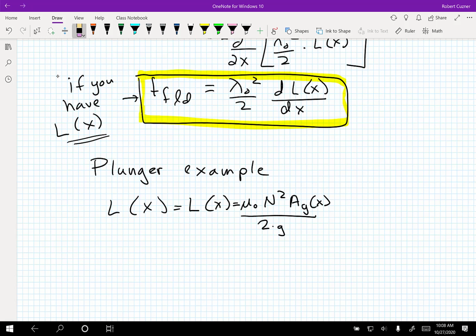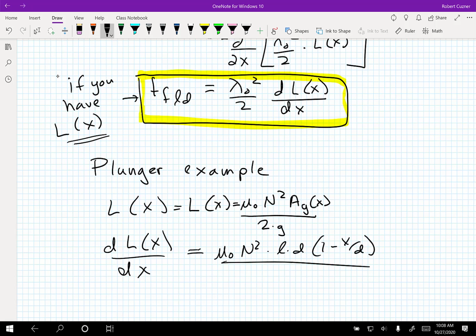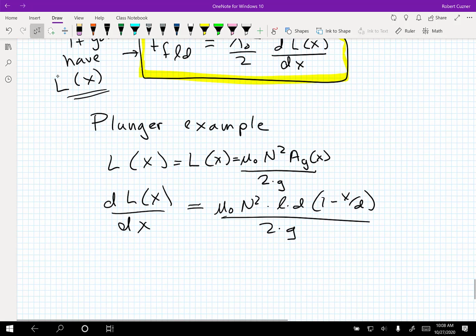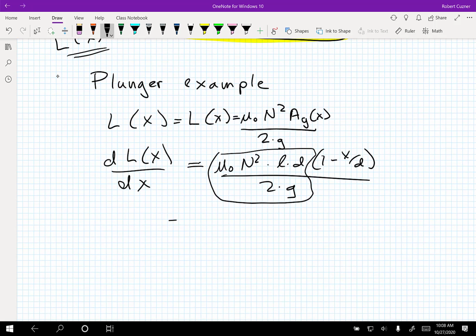So the derivative of that is equal to, remember, mu naught n squared LD times 1 minus x over d, over 2 times g. So this is all a constant right here. We'll just call this k.